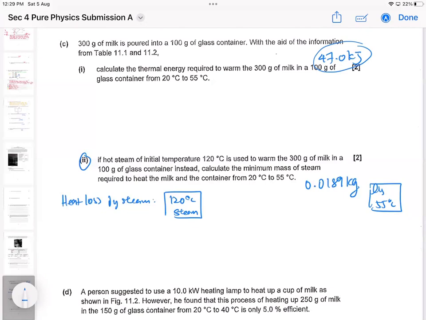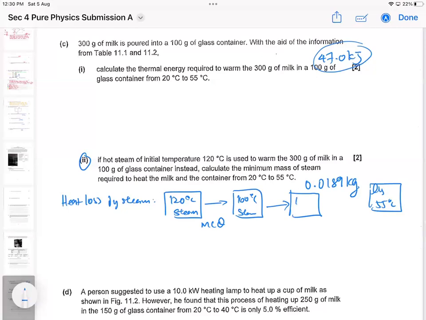Okay, so how would you describe the next box? You will go from 120 degrees Celsius steam to 100 degrees Celsius steam, which in this case is mcθ for the steam. If you have another two more stages, then what do you describe the next box? 100 degrees Celsius liquid state, right?